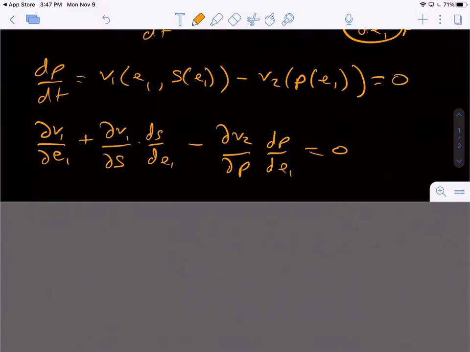Now you can see this is the term I'm after, but I've got one little problem here. I've got this expression, dS by dE1, which I don't know. So how are we going to get hold of this value?